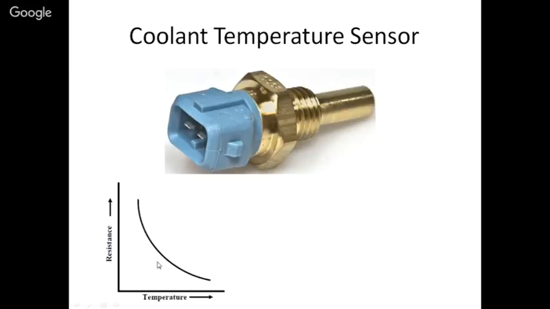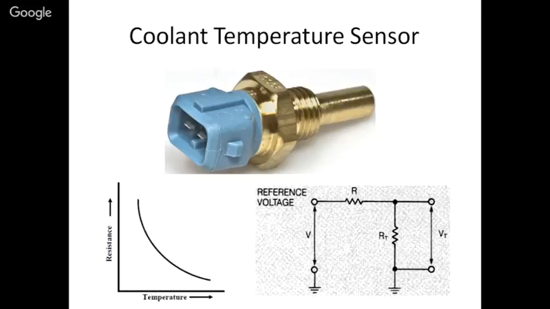Whereas for ceramic types or thermistor types, the variation for a given temperature is high. For example, if the temperature is this, the resistance is this. If the temperature is this, the resistance becomes this. So the drop in the resistance is quite high for a given rise in temperature.